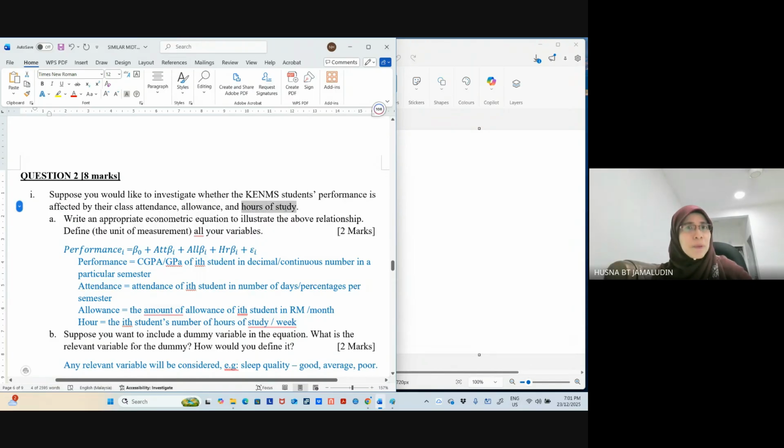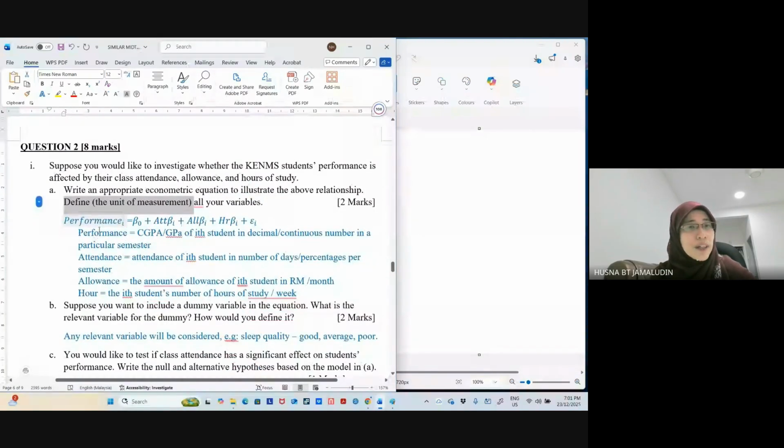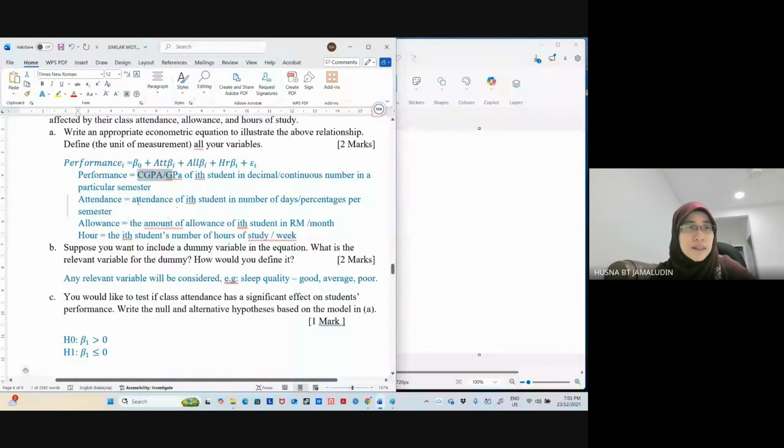Somehow your CGPA also depends on your hours of study, of course, right? So you can see here, write an appropriate econometric equation to illustrate the above relationship and define the units of measurement of all your variables. So you write performance. How do you define performance? CGPA or GPA.